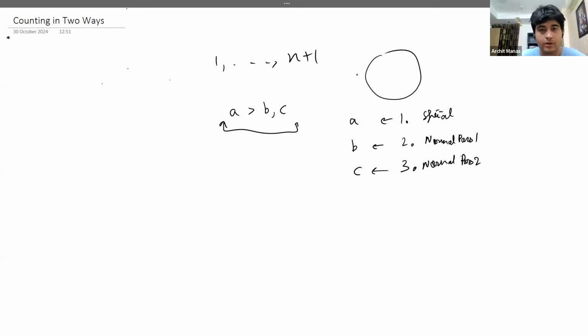Okay, so there are two ways you might go about this. The first is to actually fix the special person. Let's say the special person is A. So you've given the special pass to person A. And now B and C have to be assigned among 1 to A minus 1.